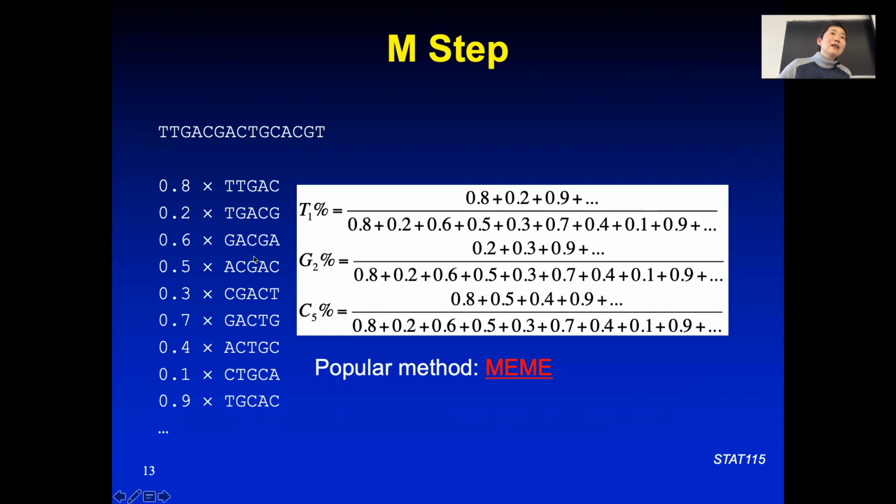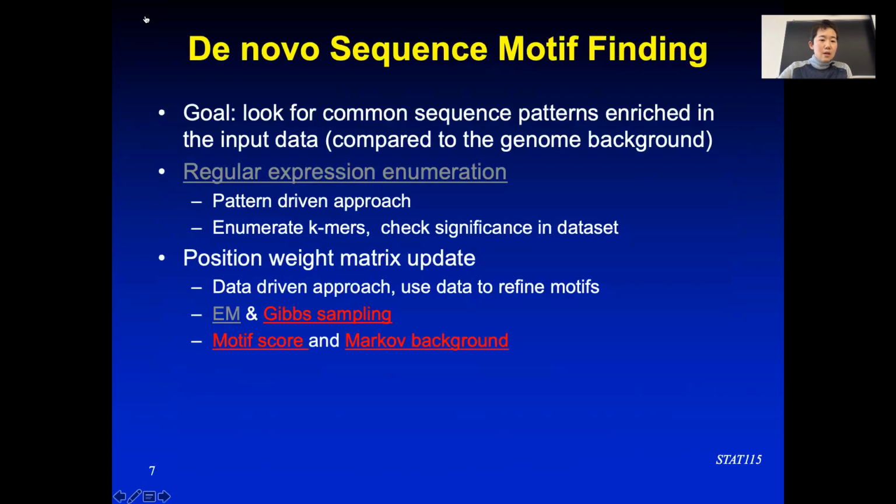Does that make sense? That's a simple way of thinking about it. So you are doing a weighted average of all the sequences in some sense. And then whatever k-mer is enriched in your data will eventually show up. Okay, so that's kind of how the EM algorithm works.